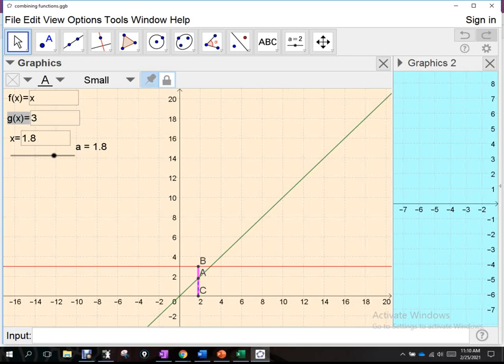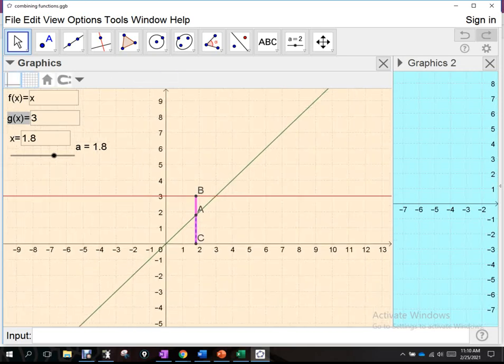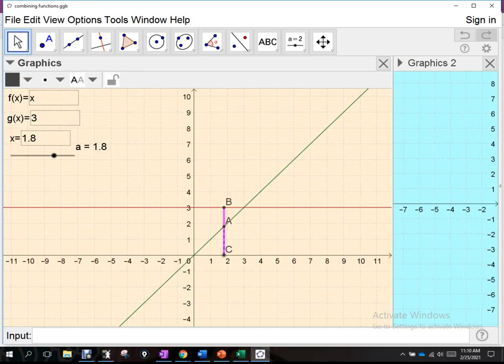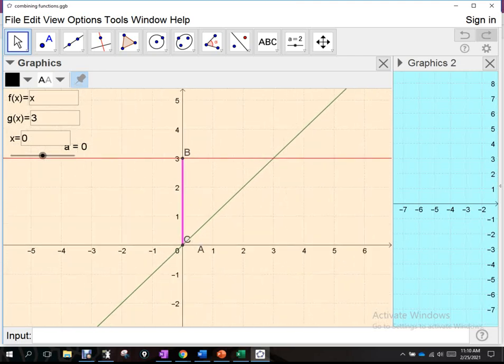So what we're trying to do is this: if I come down here at an x value of 0, when we do f of x plus g of x, and f of x was x and g of x was 3, and I ask you to add those together, what we would be doing is adding the y values from this and the y values from that.